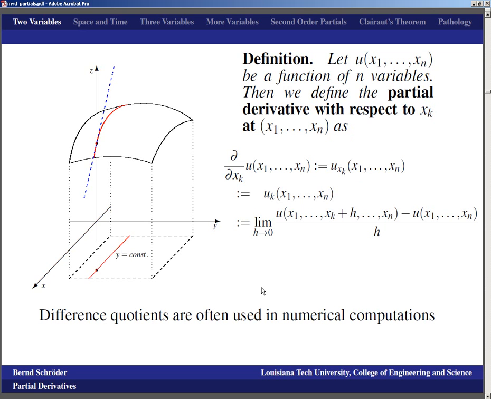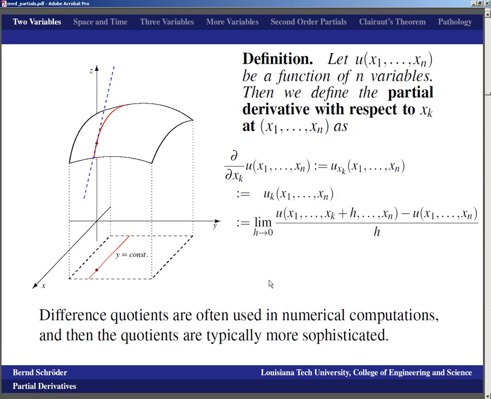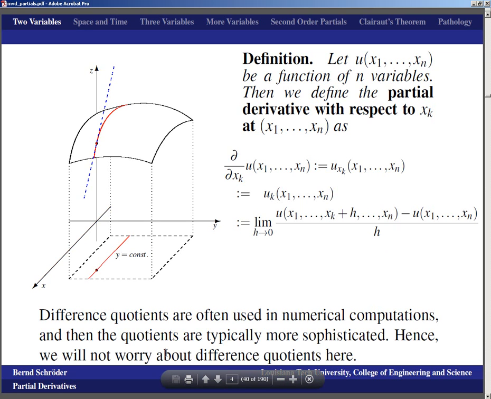These difference quotients are often used in numerical computations, but when that is the case, then the quotients are actually more sophisticated than the straightforward difference quotient that we will be using here for the theory. And so we are not going to worry too much about difference quotients here, because every so often, especially when things get pathological, we will certainly need difference quotients.